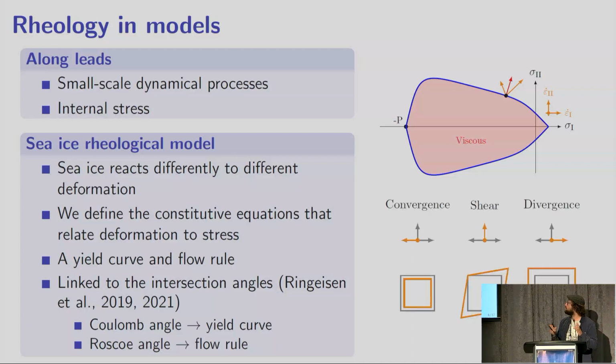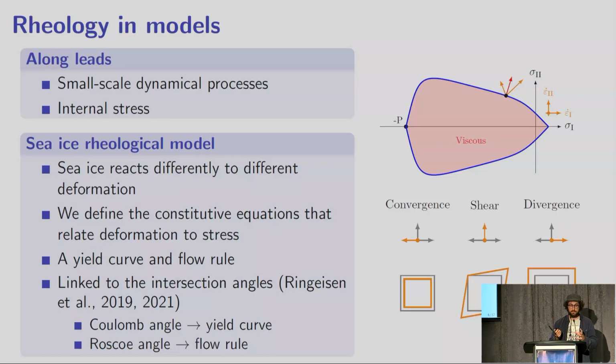So that determines for each stress state if we're going to deform in convergence, shear, divergence, or a composition of the three. And in previous papers, we showed that intersection angles are linked to the shape of the yield curve. There are two different theories, the Coulomb angle that is linked to the yield curve and the Roscoe angle that's linked to the flow rule. And I will come back to this.